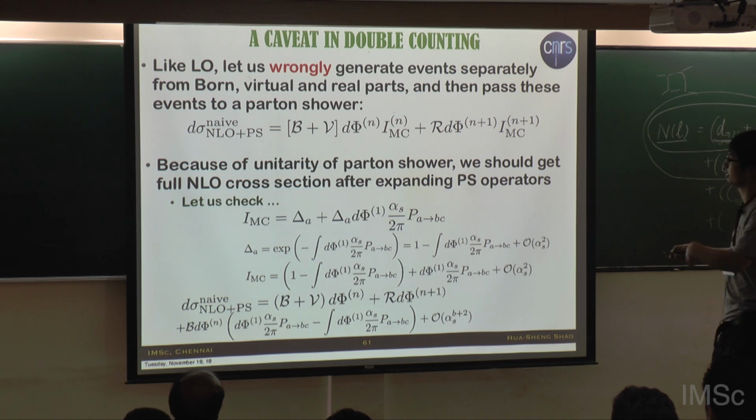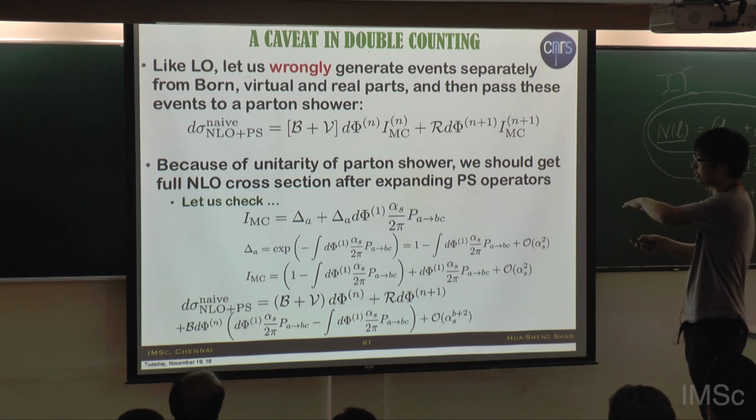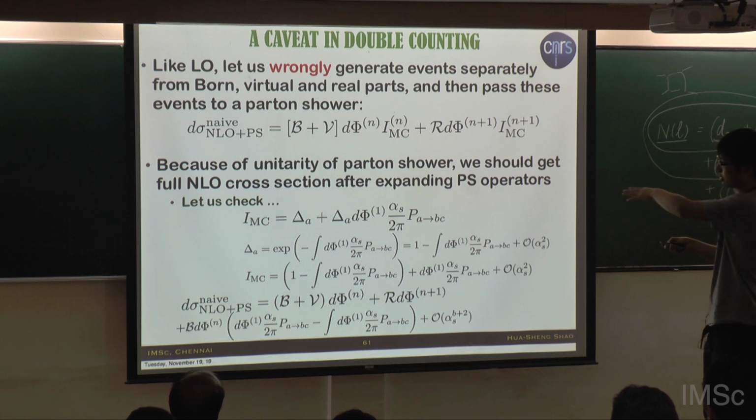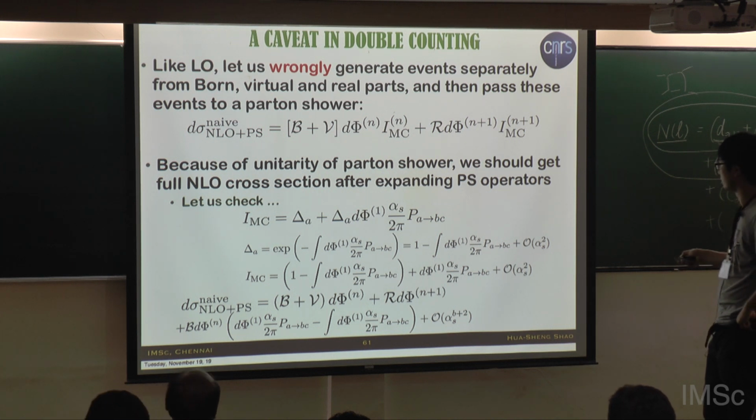But so there are two terms, right? Naively, it's delta A plus delta A with one emission. So there's zero emission and plus one emission. And then you can expand your kernel.